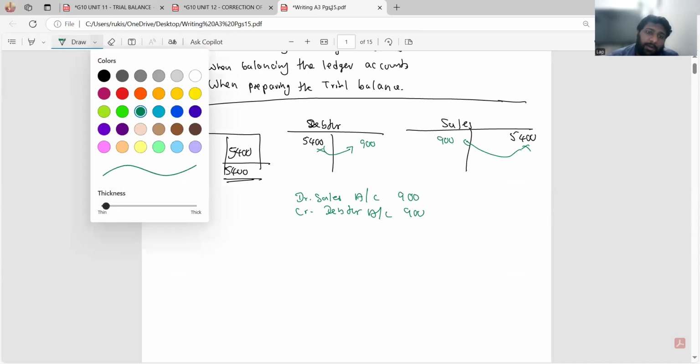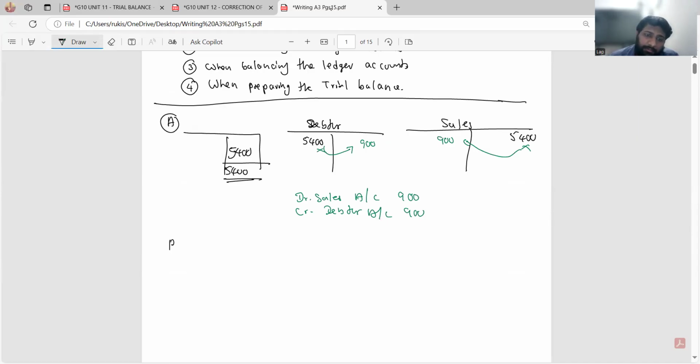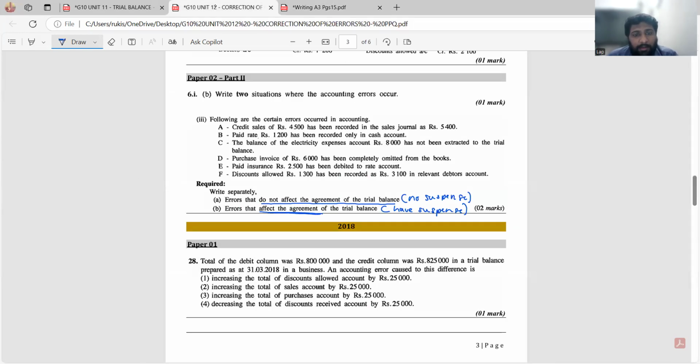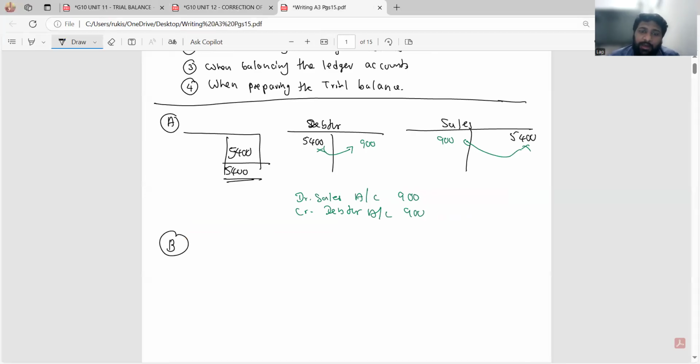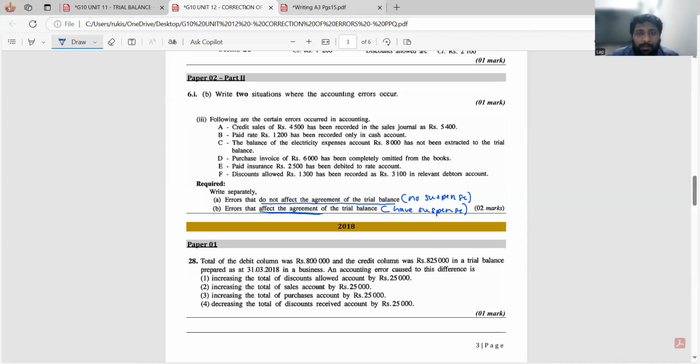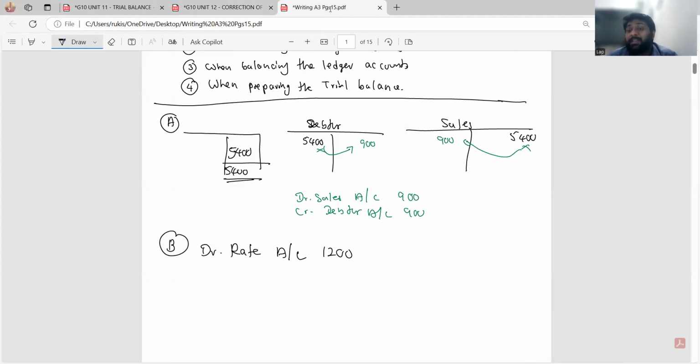Now let's move to B. Paid rates 1,200 has been recorded only in the cash account. The cash account is recorded, the rates account not recorded. So if it is not recorded in the rates account, record it. Debit the rates account 1,200, and we don't have a place to credit because the cash account is already credited.